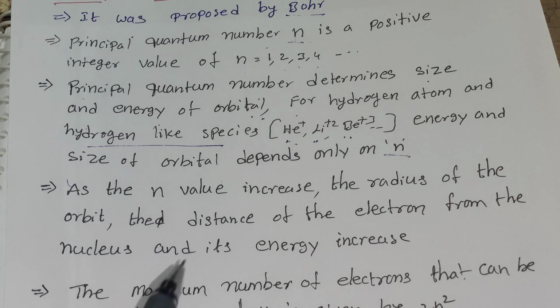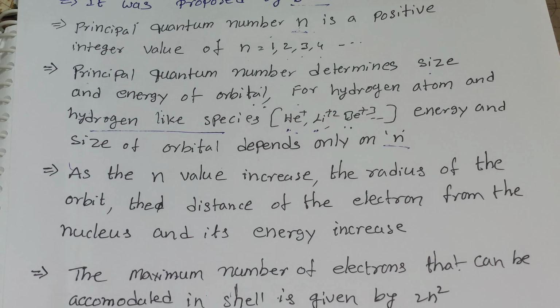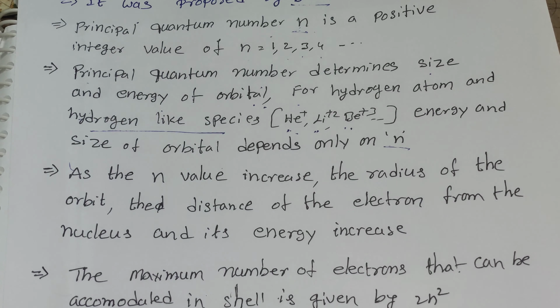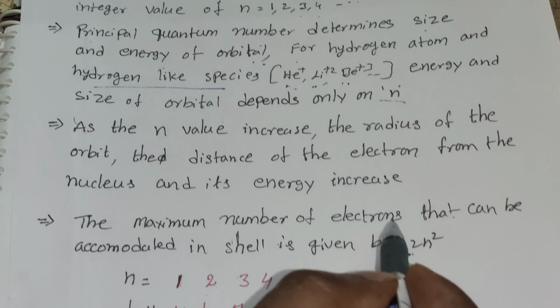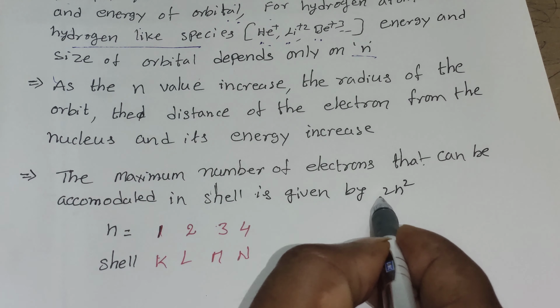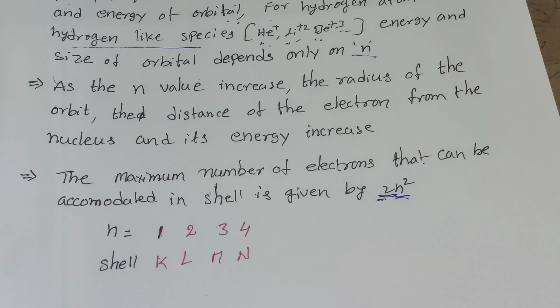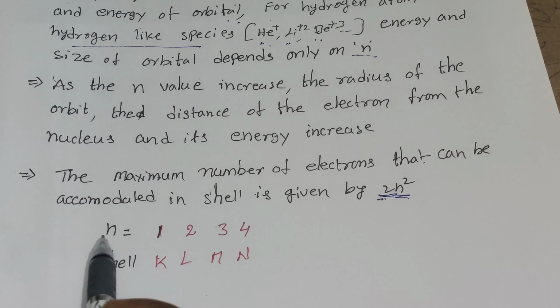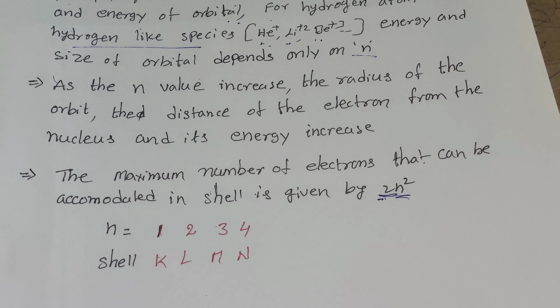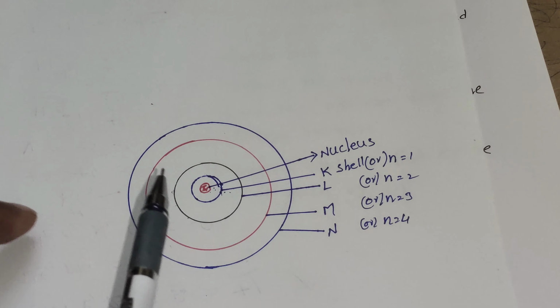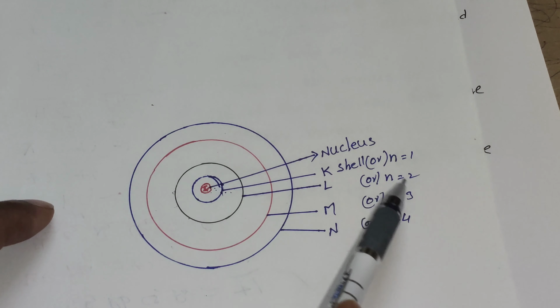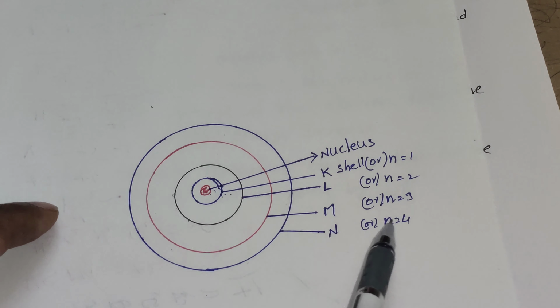Now, the maximum number of electrons that can be accommodated in a given shell is given by the formula 2n square. Here n is the principal quantum number, indicated by the letters K, L, M, N or n equal to 1, 2, 3 and 4.